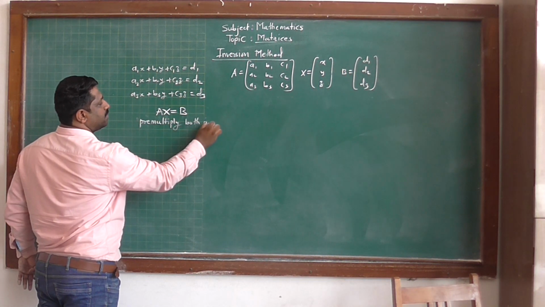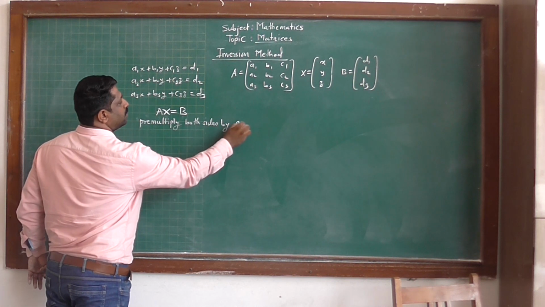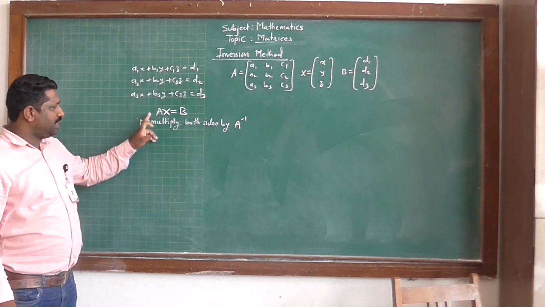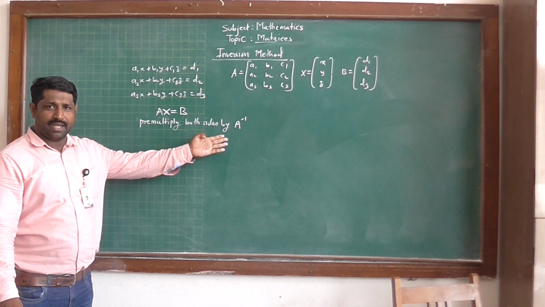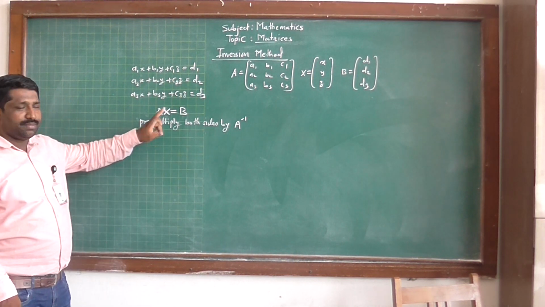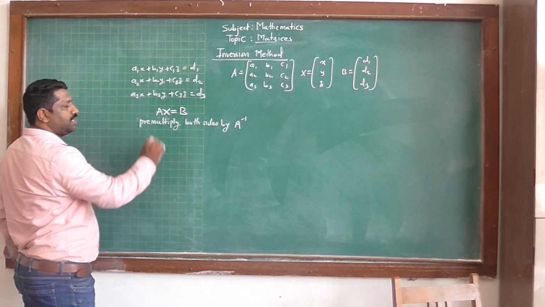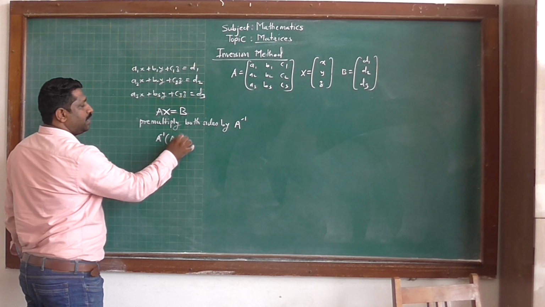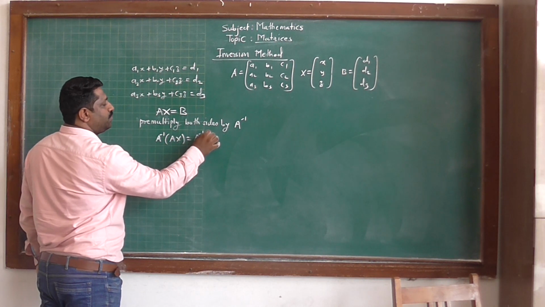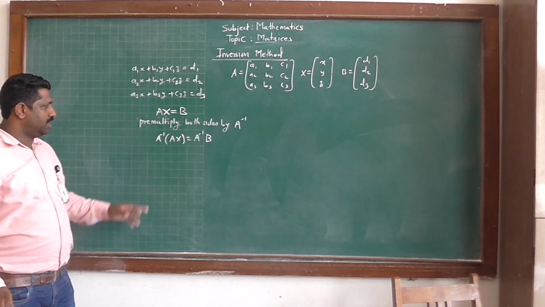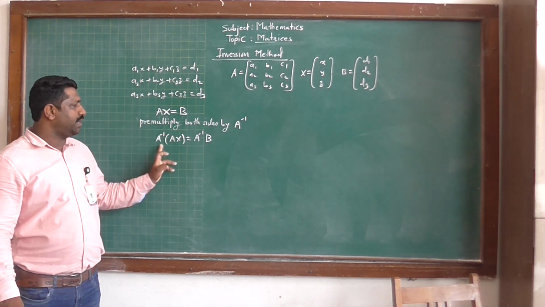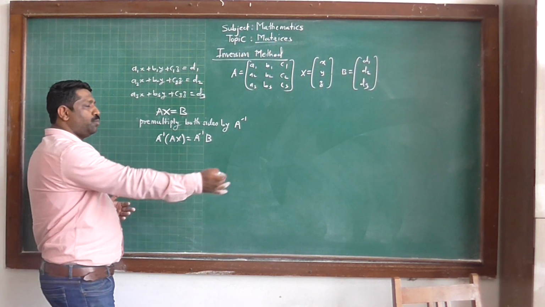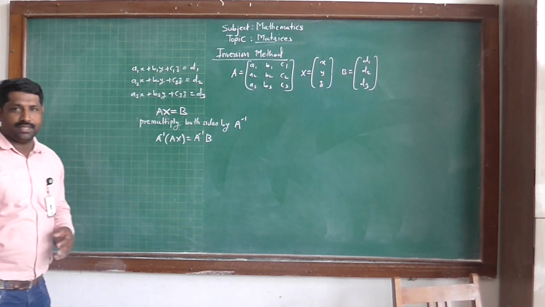We have to remove this A from the left side. For that we multiply by A inverse. I do not want this A here, so I multiply by the inverse, because I want to remove A from here. See how it goes. Now here A inverse into AX is equal to A inverse into B. So pre-multiply both sides by A inverse. Multiplying from the left is pre-multiply, and multiplying from the right is post-multiply.